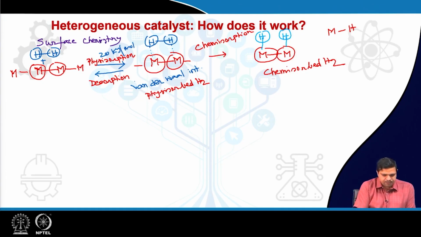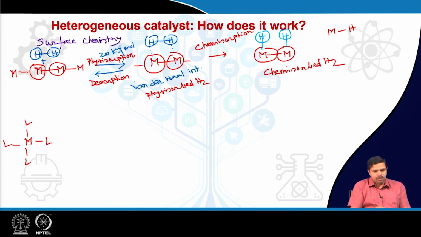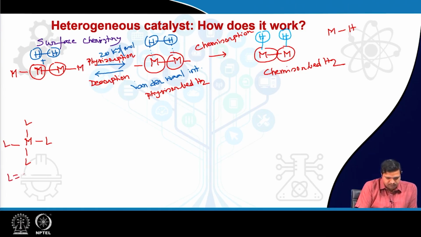Now for molecular chemistry, I am taking again a very general structure. If you want to be specific, L may be phosphine, M may be nickel 0.